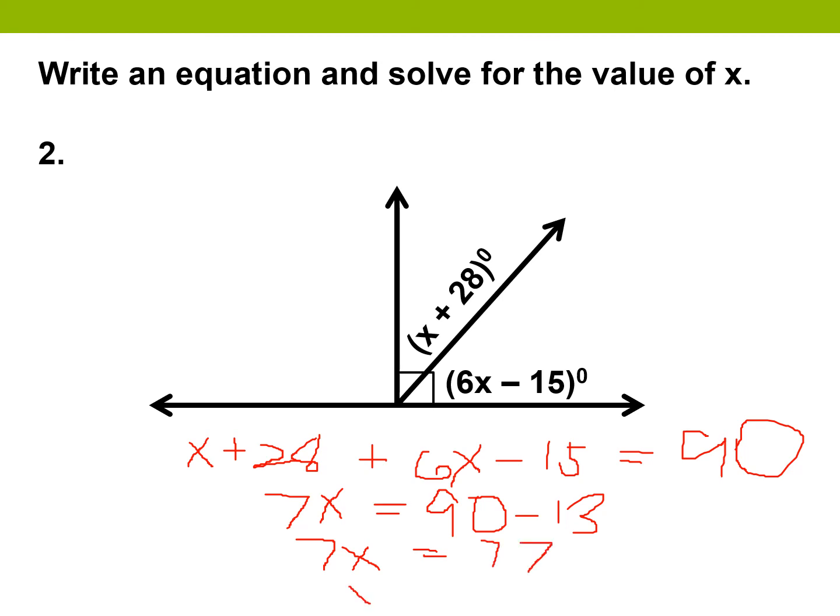So the answer is x equals 11. Okay, questions po? So if we want to check if our value of x is correct, we're just going to substitute it to our x, okay? And if the sum of their measures is 90, then definitely we have the correct answer. Okay, questions? None? Okay, next, let's proceed.